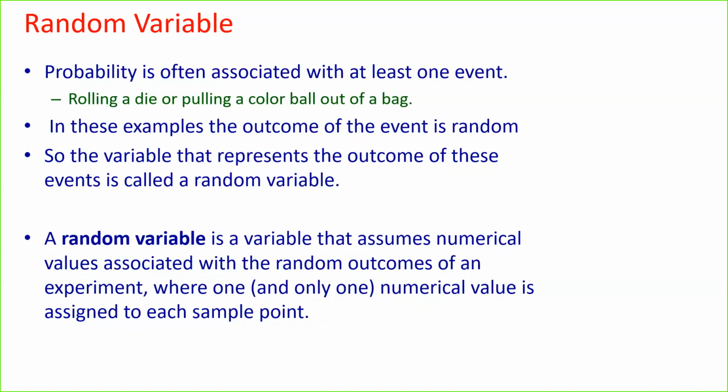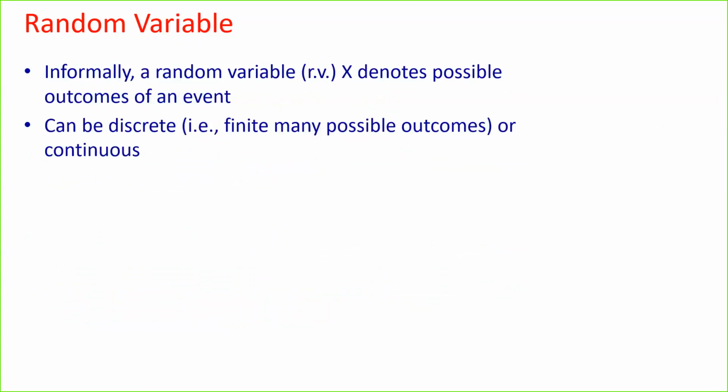Informally, a random variable x denotes the possible outcome of an event. This outcome can be discrete or continuous, so the random variable can be a discrete random variable or a continuous random variable.